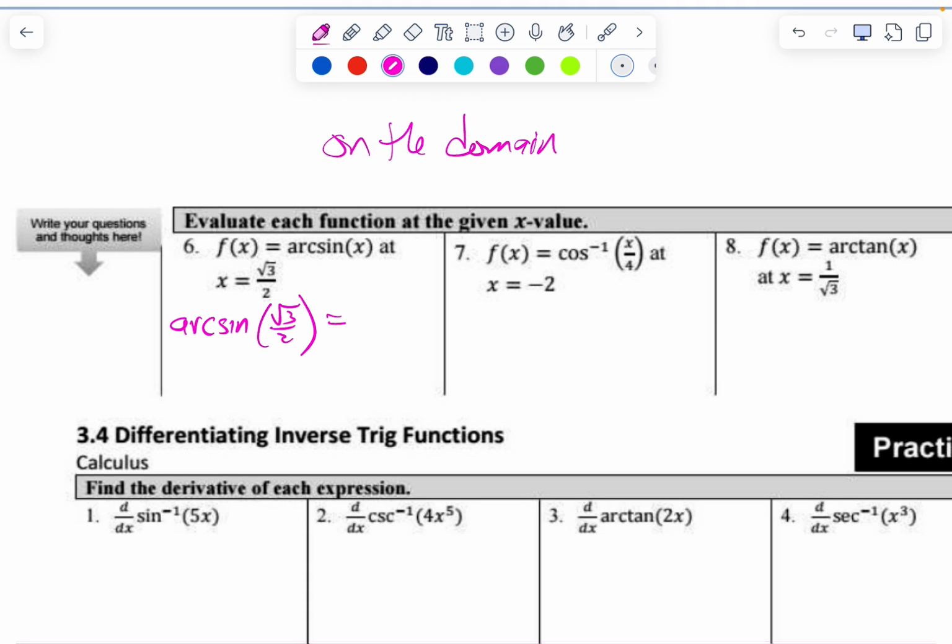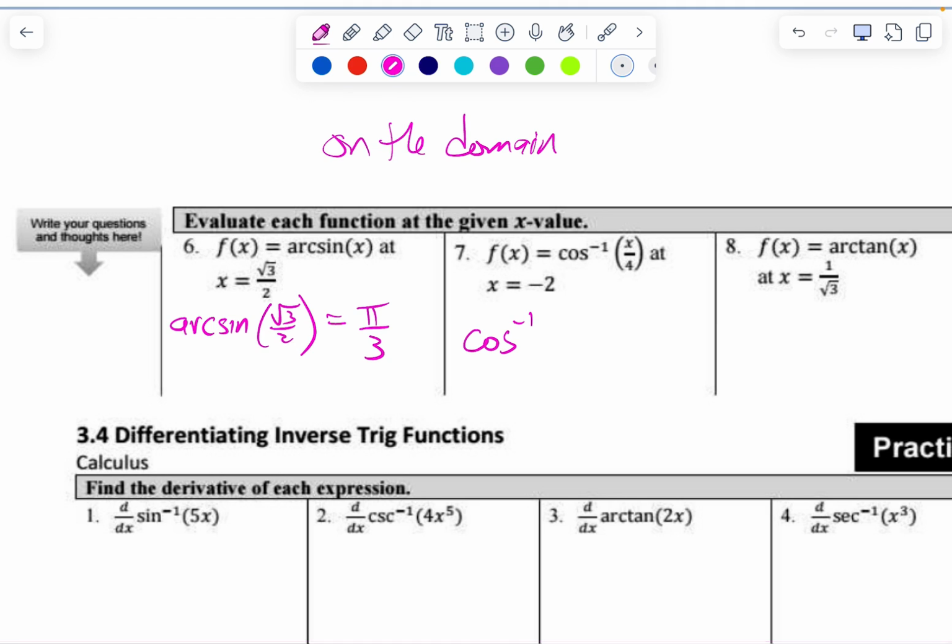These are not derivatives. This is just run-of-the-mill trig stuff. So what angle gives us a sine value of root 3 over 2? Pi over 3. Now, is that in the domain? Yeah. Do we need to worry about going down to the fourth quadrant? No, because that would be negative root 3 over 2.